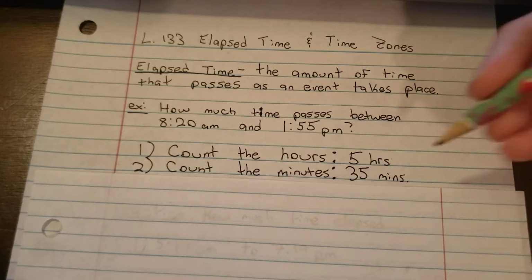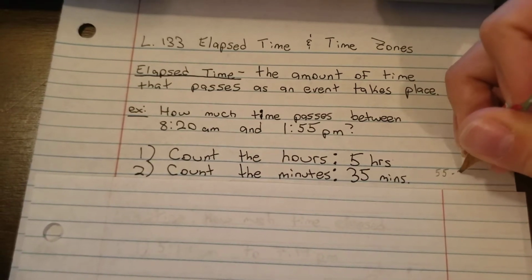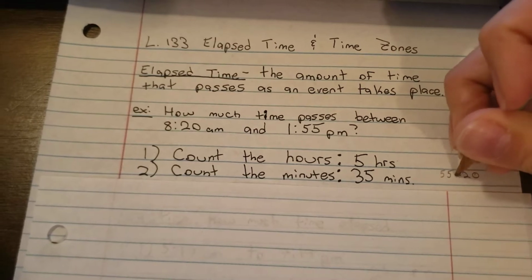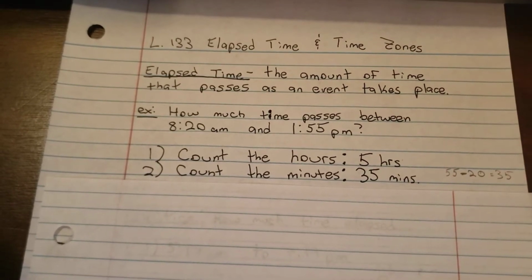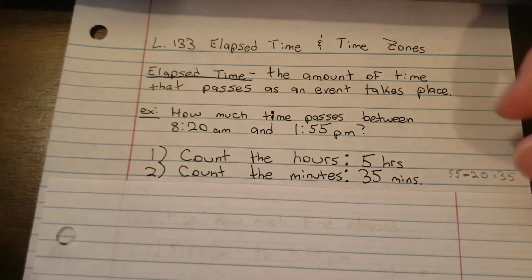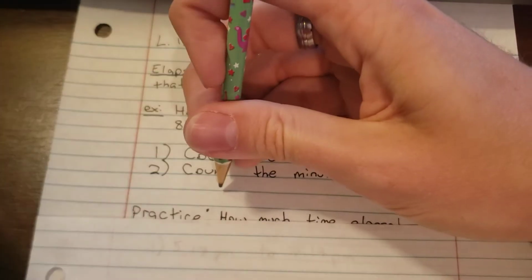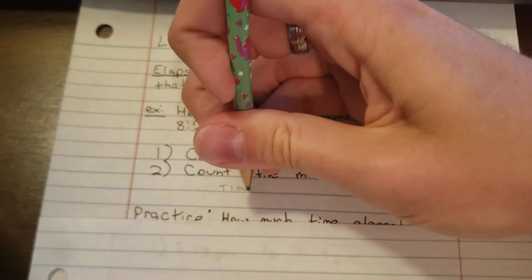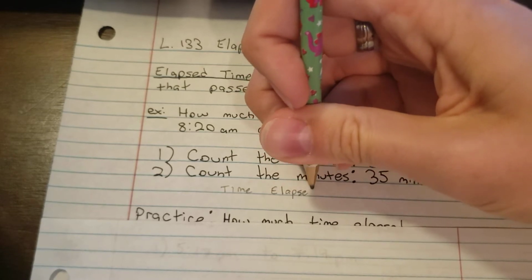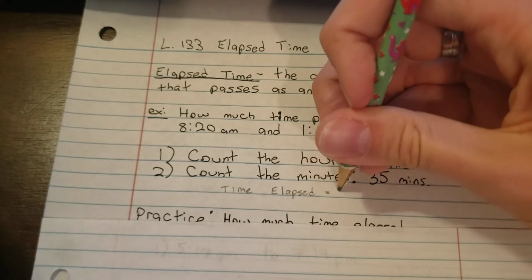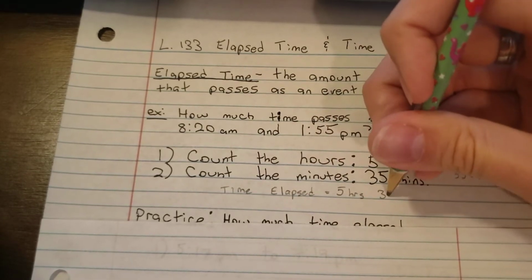You could do subtraction there: 55 minus 20 equals 35. You could do that if that's easier for you. And then that's the amount of time elapsed: 5 hours, 35 minutes.